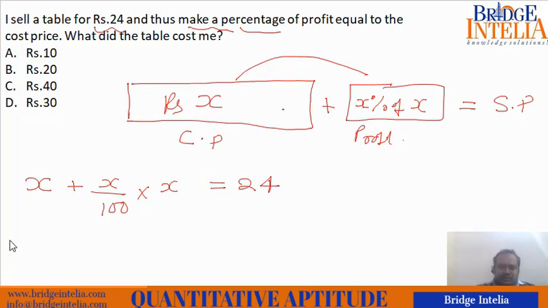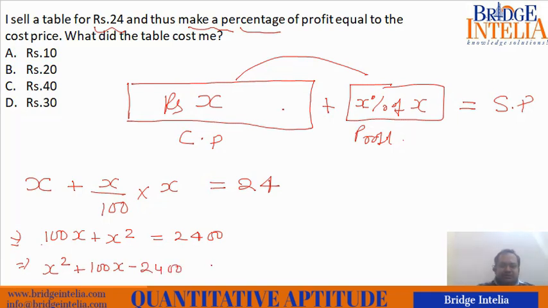So let's solve this. So what will this come out to be? You can take 100 as common. So 100x plus x square is equal to 2400. So this comes out to be a quadratic equation. So x square plus 100x minus 2400. So splitting the middle term, x square plus 120x minus 20x minus 2400 is equal to 0.